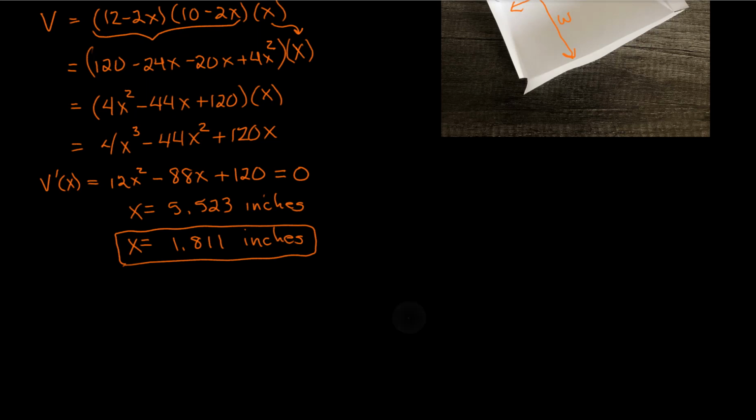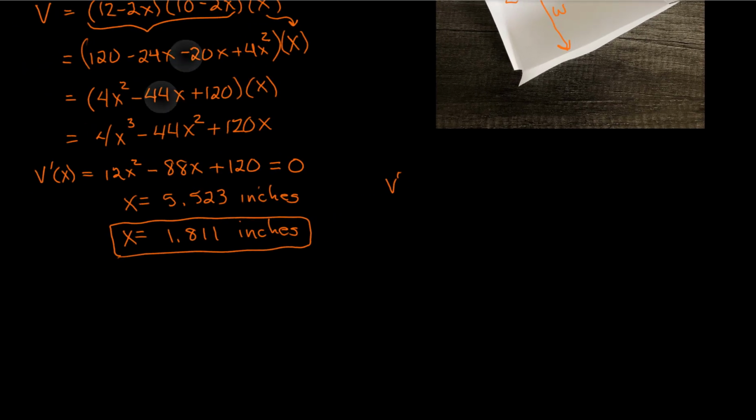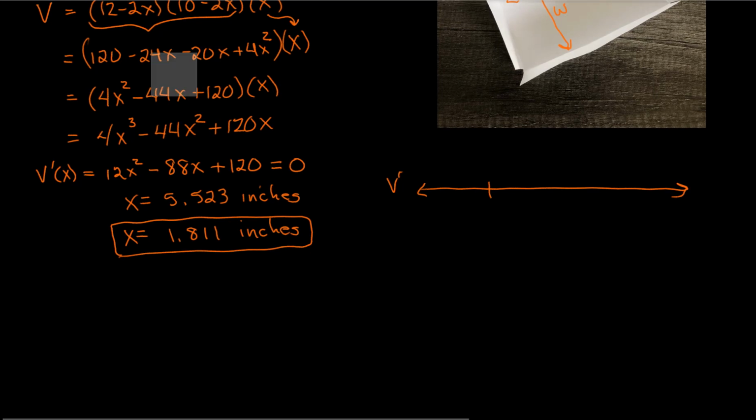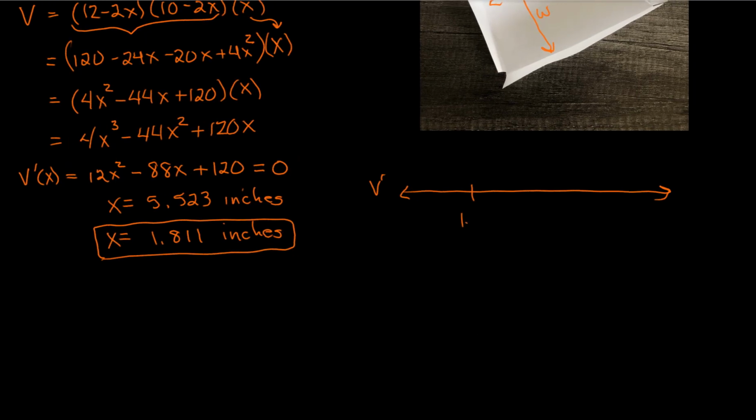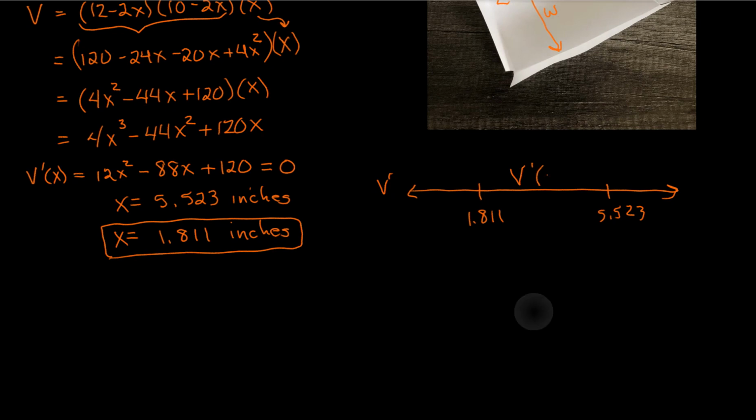If I was to use the first derivative test, what I would wind up doing, and I'm thinking this out just to show you what's going on, I have something like 1.811 and 5.523. I realize we're not going to use that second one, but I want to make sure that when I pick a value, it's not beyond the second point.